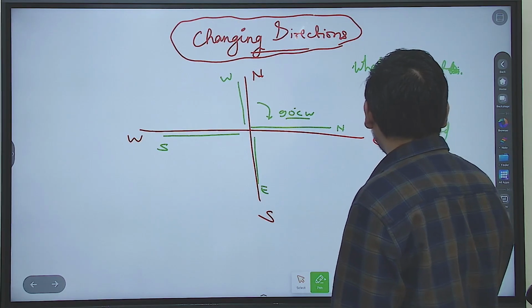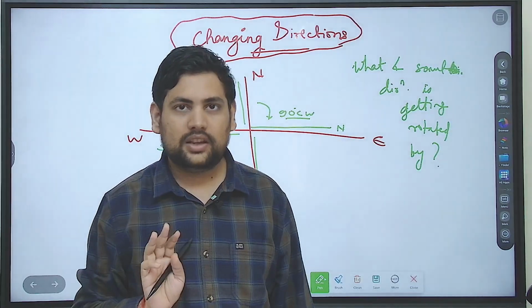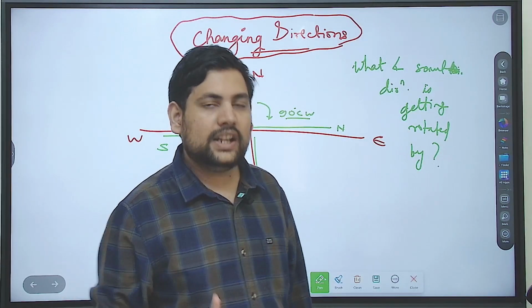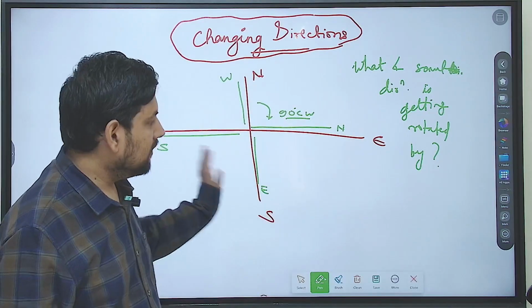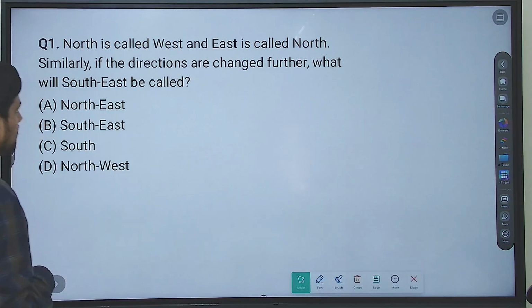Once you get that angle, that same angle will be followed for the entire thing. So first thing is finding the angle, and that angle remains same for all directions. Now using this we can solve questions like these.